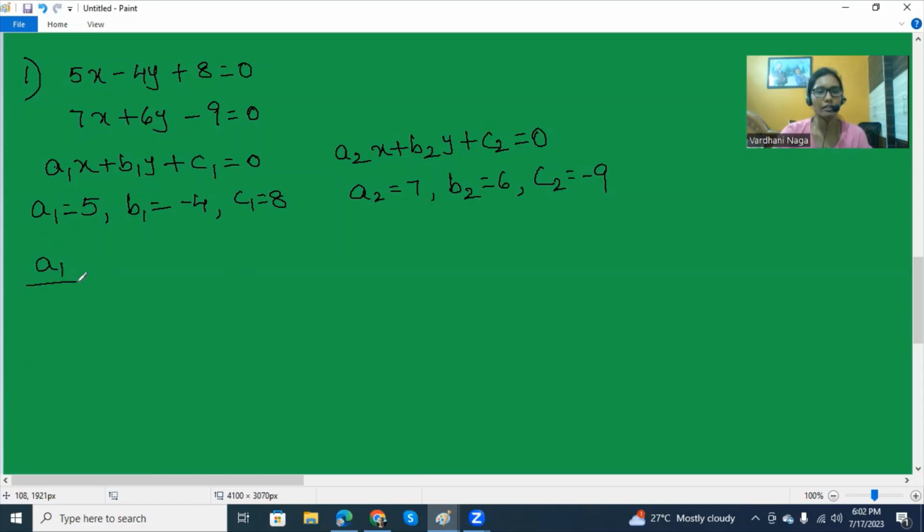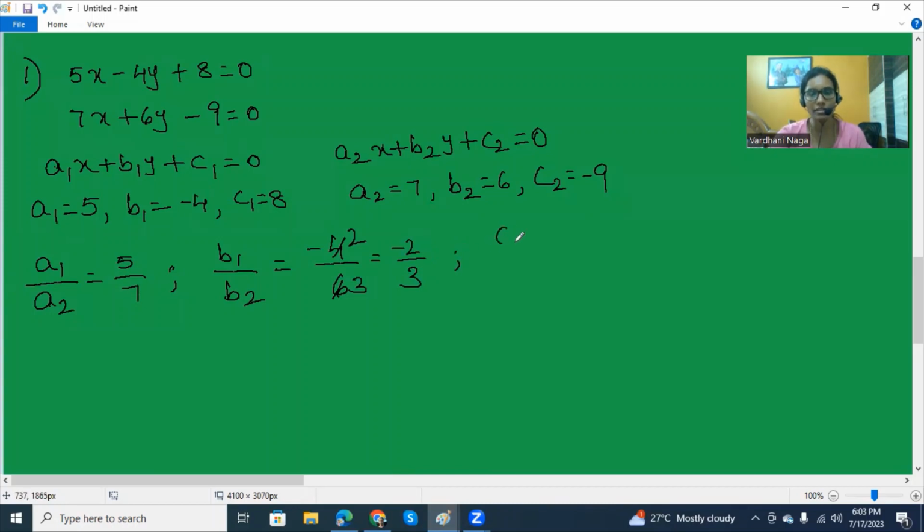First, we will find the A1 by A2 value: 5 by 7. No simplification can be done here. Now let's find the B1 by B2 value: minus 4 by 6. Here they have a common factor 2. 2 2s are 4, 2 3s are 6. So the answer is minus 2 by 3.